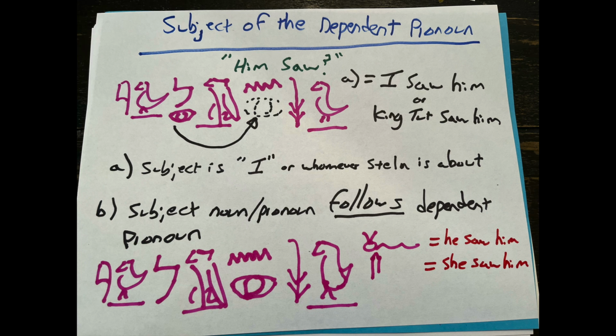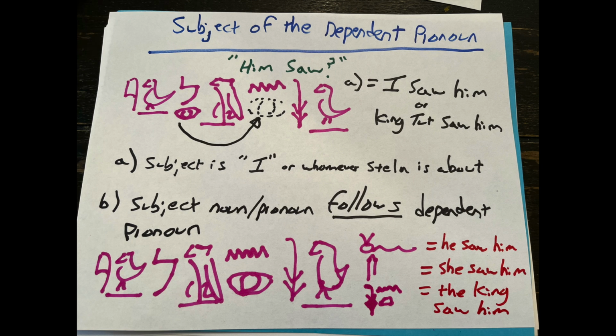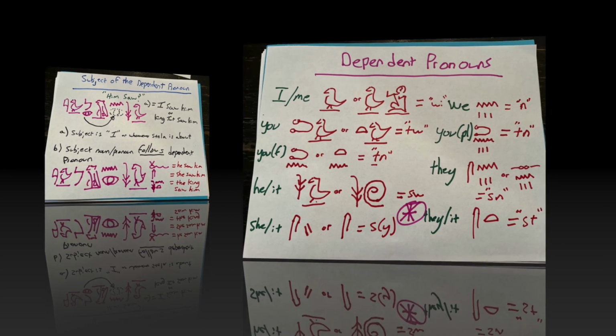Or if we had a bolt of cloth for she, it would be she saw him. So the him, recognizing the dependent pronoun after the verb, is how you know, because it's him and not he. Or it could be the word for king. The king saw him. So here we have this one, the word for king.